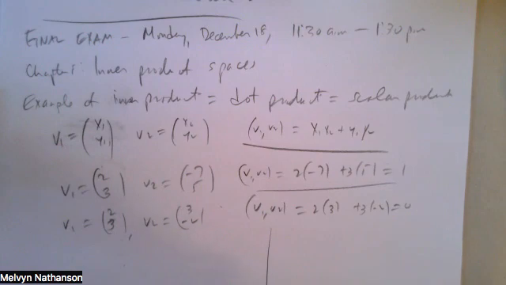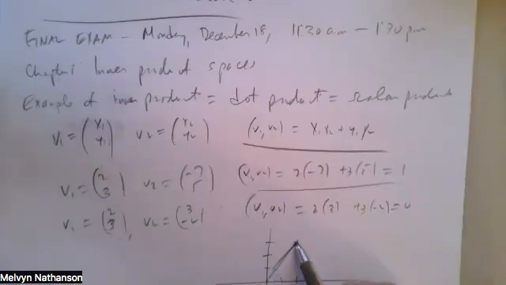And if you were actually going to graph these in the plane, the vector 2, 3 is there, and the vector 3, minus 2 is there.